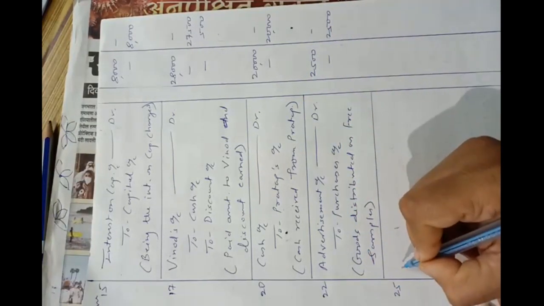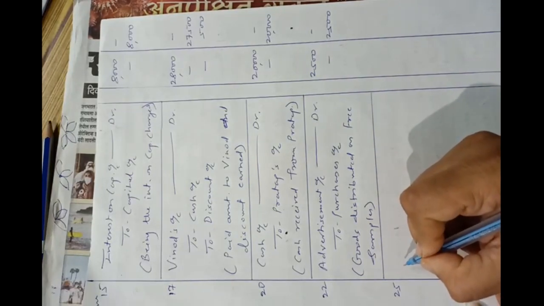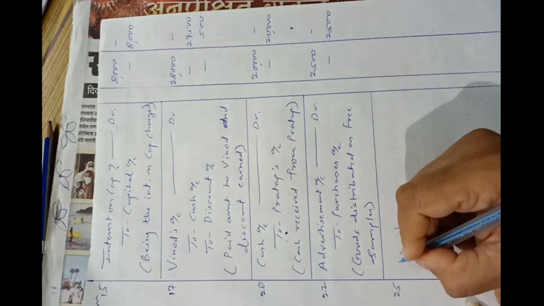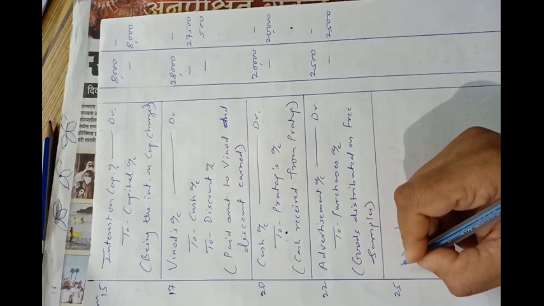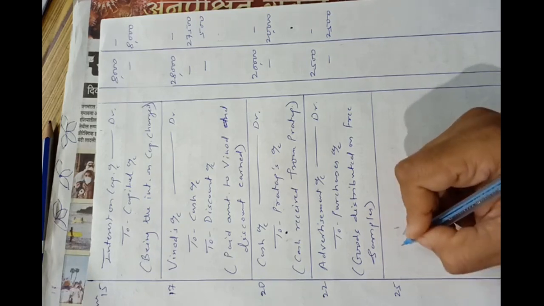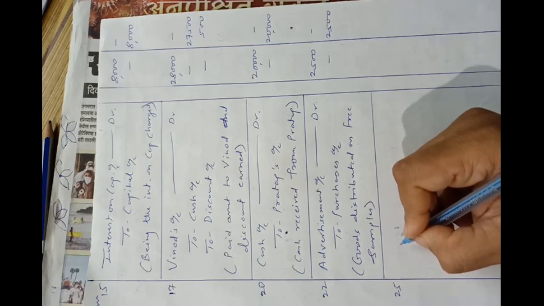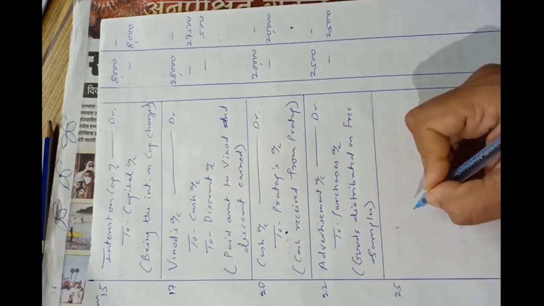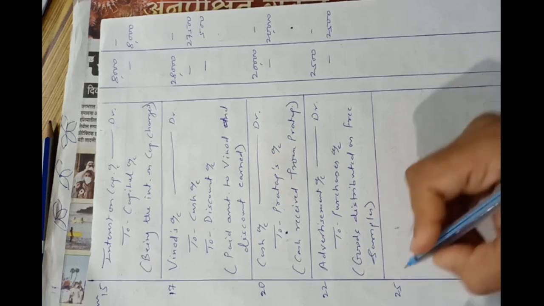Now 25th June, this is the last entry of this problem. Paid rupees 2,000 as carriage on behalf of Amit. As I have told you, as we are paying the amount on behalf of Amit, Amit's account is debited because these expenses are to be recovered from Amit, that is the customer, afterwards. So Amit's account will be debited and cash account will be credited.